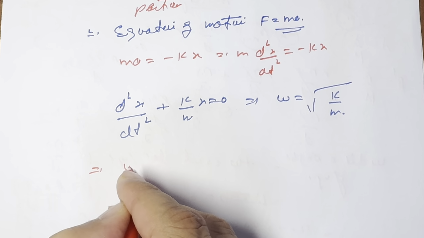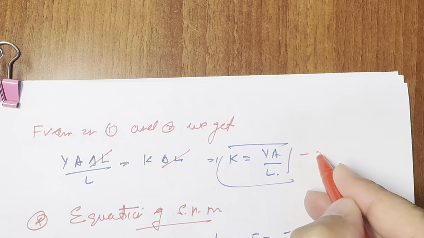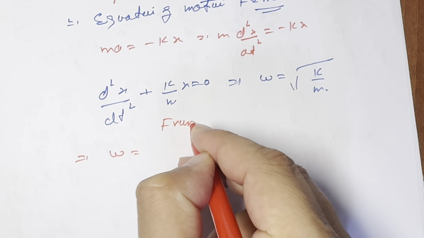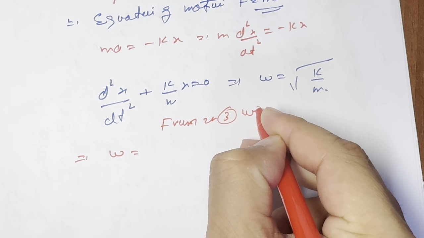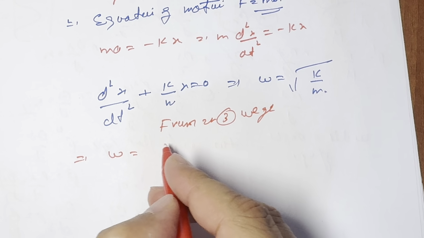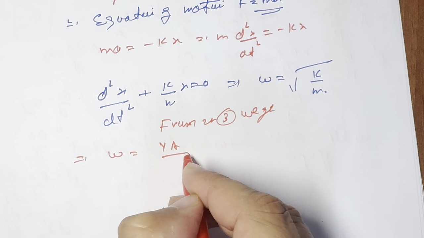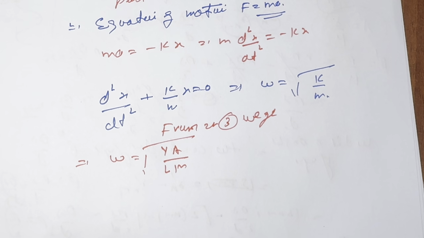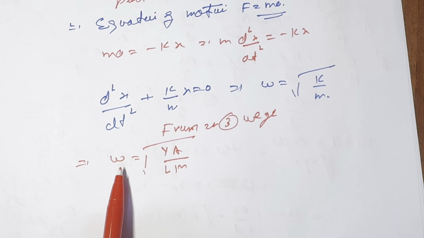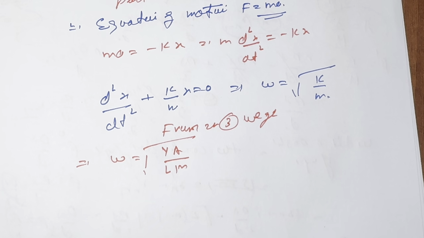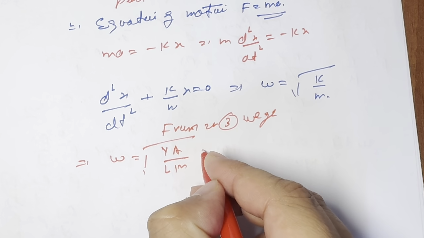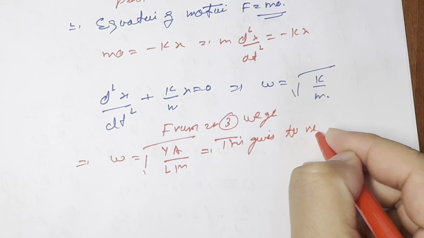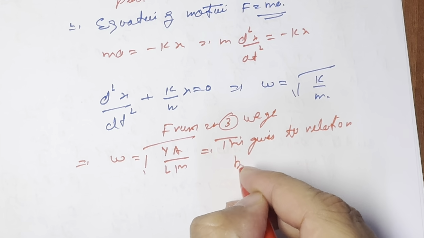So we found the value of omega, and we already know the equation for k, that is the spring constant. Let me call this equation number 3. So from equation 3, we get omega is equal to square root of YA upon Lm, and this gives us a relationship between the angular frequency and Young's modulus.